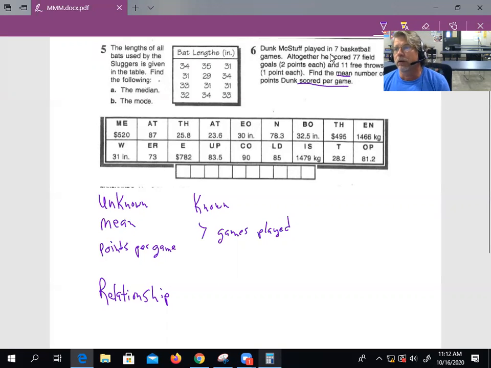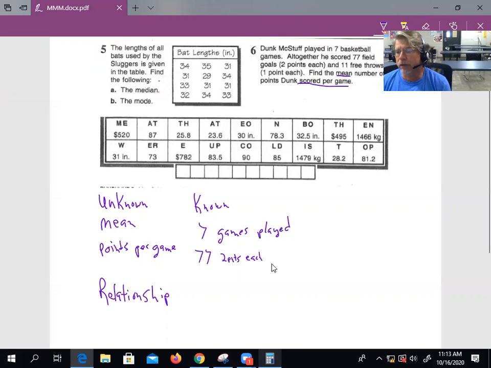And from there, we know that he scored 77 field goals that were worth 2 points apiece. So we see that it's 77 field goals worth 2 points each. So in other words, that's 77 times 2.